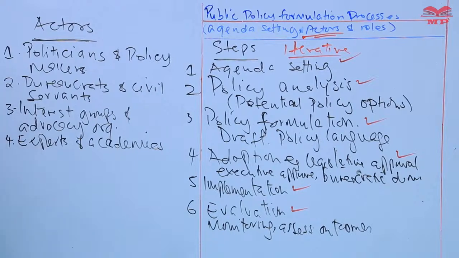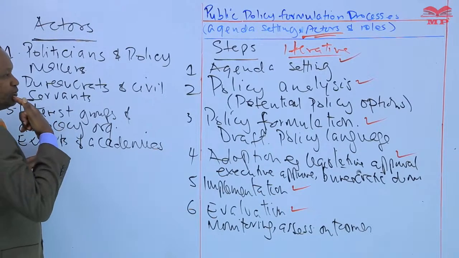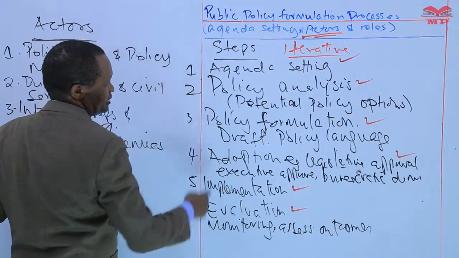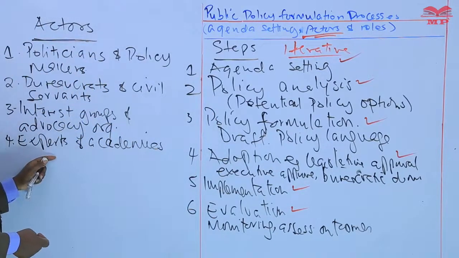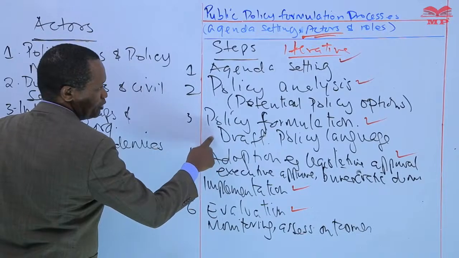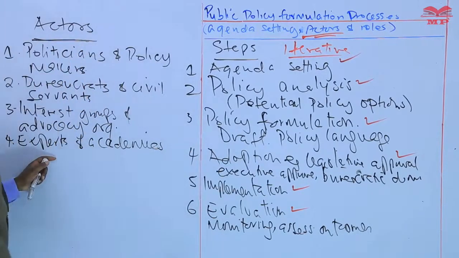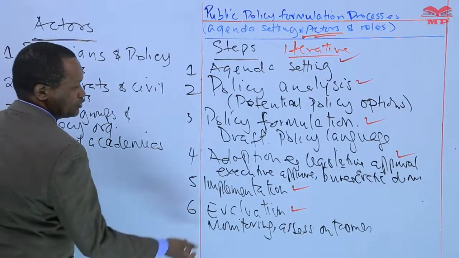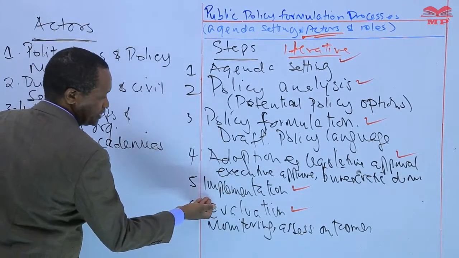They may be called upon to provide input and analysis to policymakers during the policy formulation process, particularly at the policy analysis stage. They may also be required to help in drafting the policy language. They are useful even at implementation.